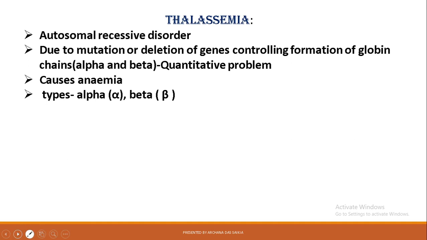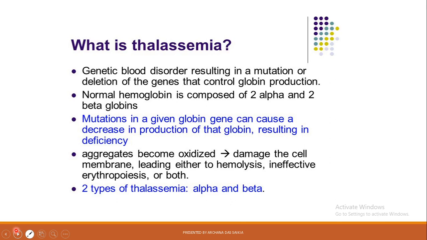There are two types of thalassemia, alpha and beta. Now, what is thalassemia? The same thing again: a genetic blood disorder resulting from a mutation or deletion of genes. Normal hemoglobin is composed of 2 alpha and 2 beta chains. A mutation in a given globin chain can cause a decrease in production of the globin, as I mentioned just now. And then what happens?